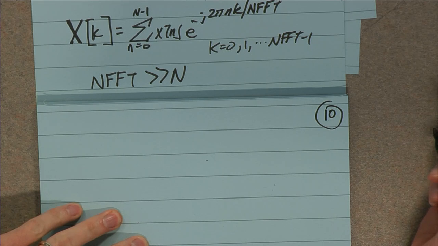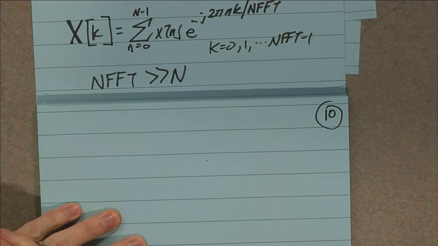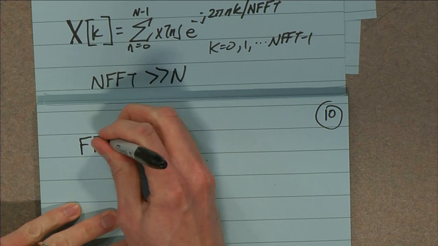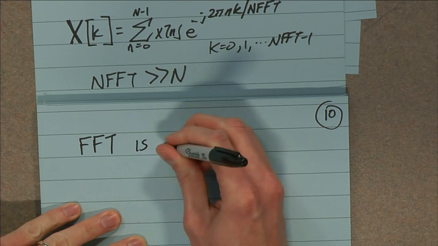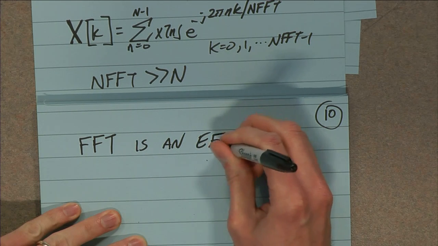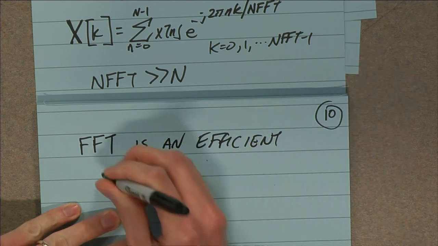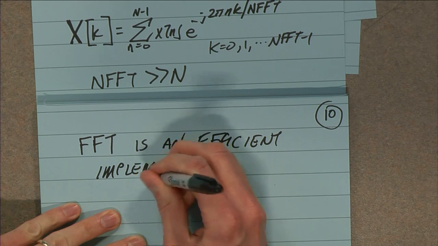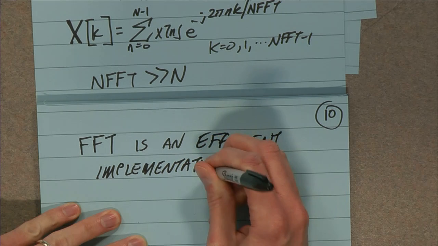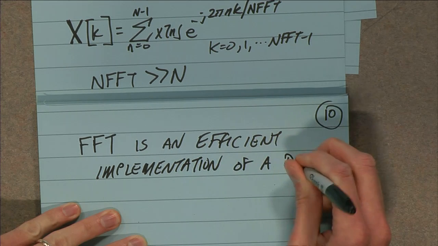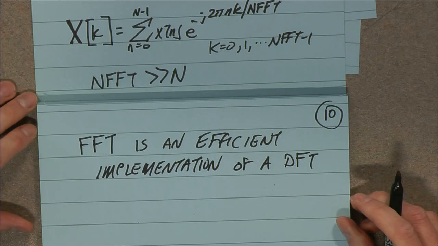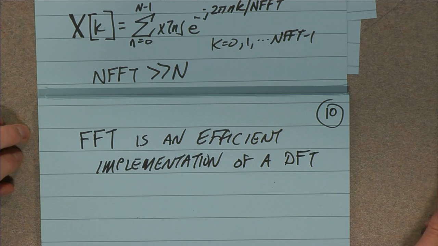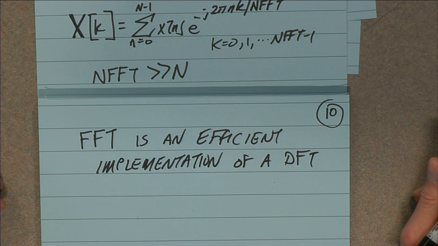Typically we're going to look at it, but an FFT is an efficient implementation of a DFT, discrete Fourier transform. That's all it is. And so it doesn't mean one algorithm, it doesn't mean one type of algorithm. In fact, there are many toolboxes out there, like, have you heard of FFTW, fastest Fourier transform in the West?